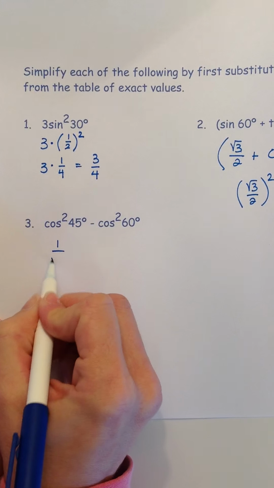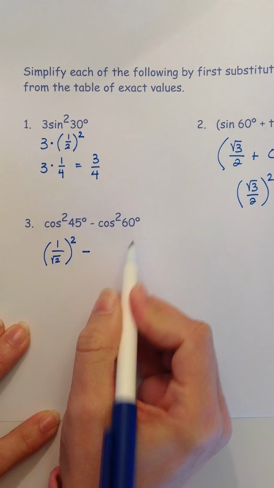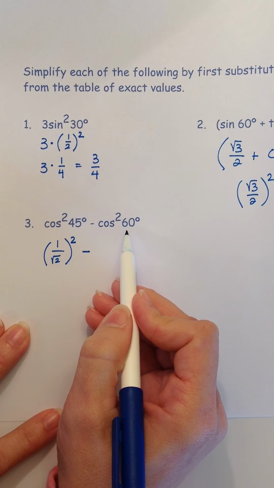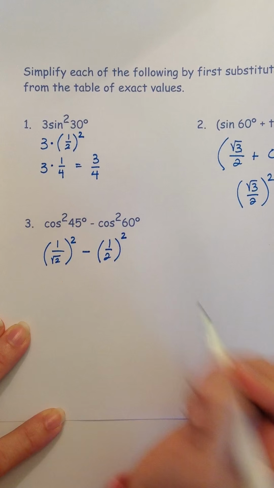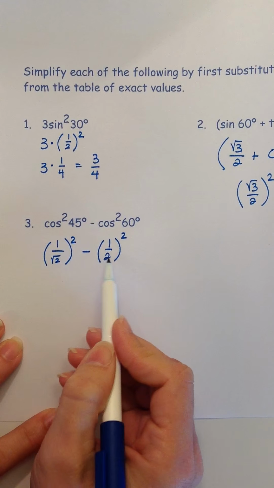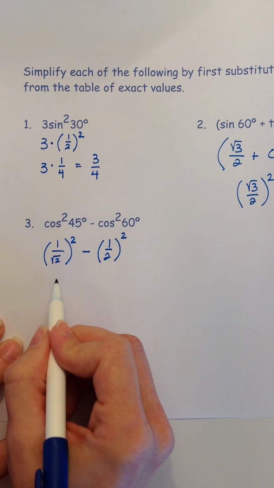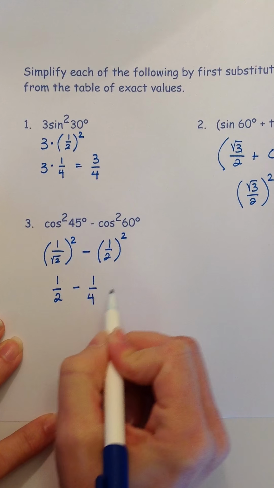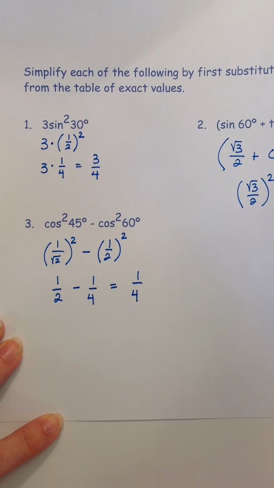So you would have 1 over square root 2 squared minus, and then look up cosine of 60 degrees, which is 1/2. So then that would be 1/2 squared. All right, now we need to square our fractions here before we can do the subtraction. So this is going to give us 1/2 minus 1/4. Of course, 1/2 minus 1/4 is 1/4. So there's your answer to that one.